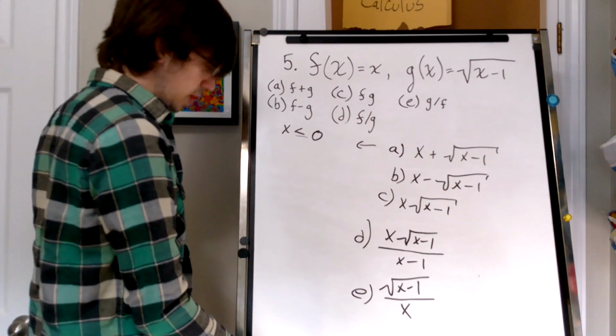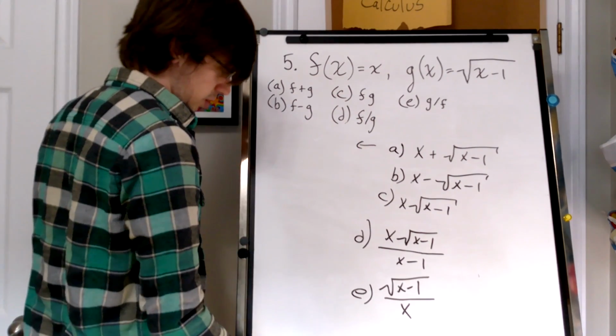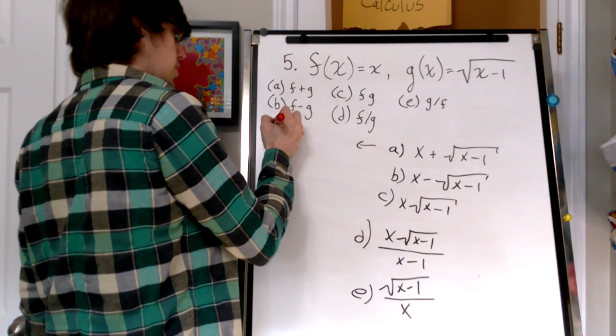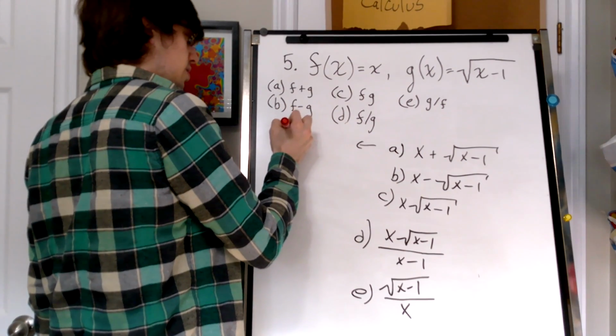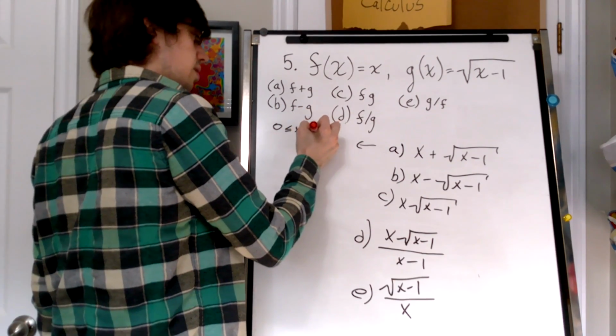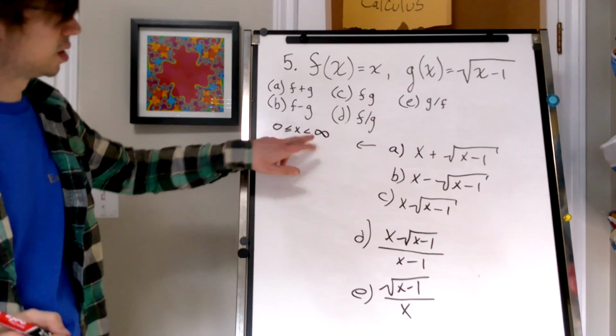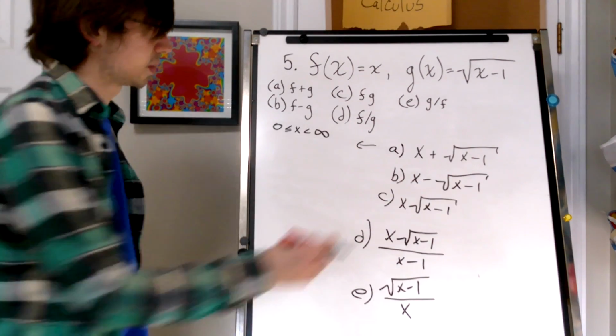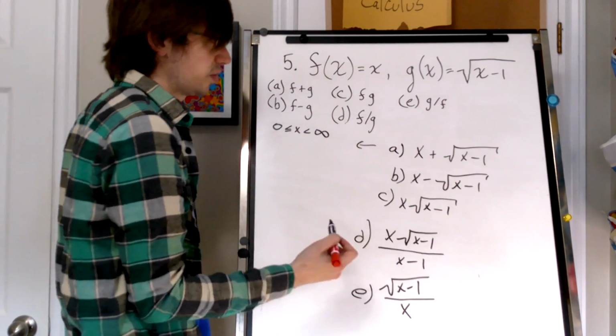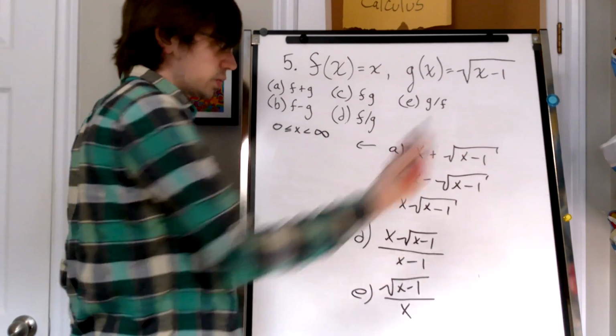So the domain, therefore, I could say, is 0 less than or equal to x less than infinity. You can put in any really big number, because 2 minus 1 is fine, 3 minus 1 is fine, 4 minus 1 is fine, and so on.